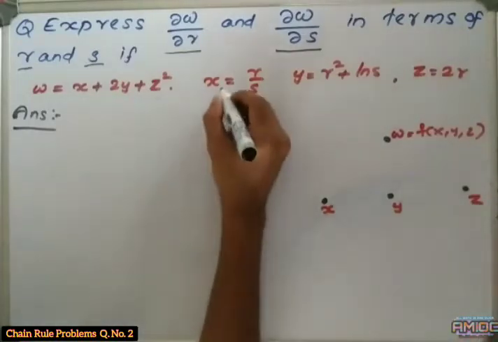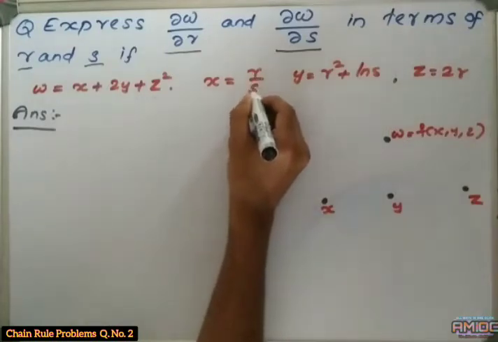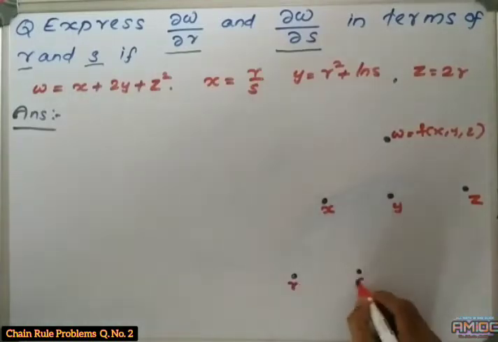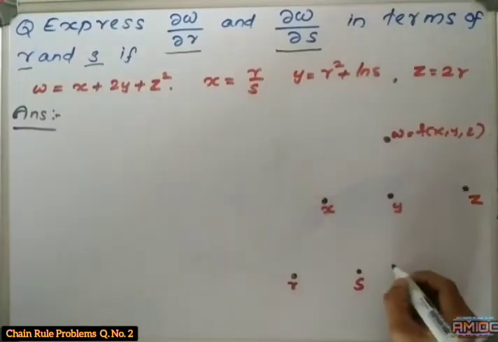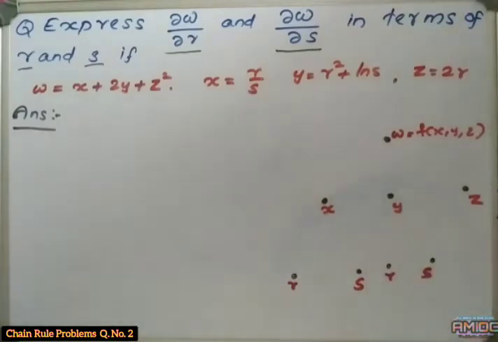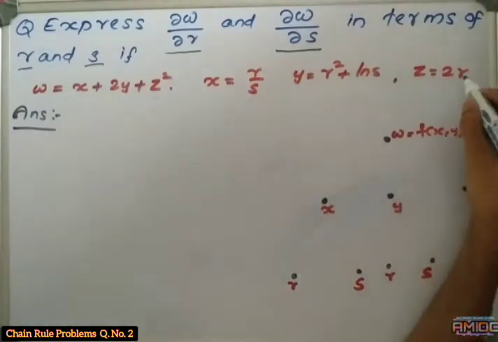Now x is a function in r and s, therefore x can be mapped as a function in r and s. Also y is a function in r and s, and here z is a function in r.